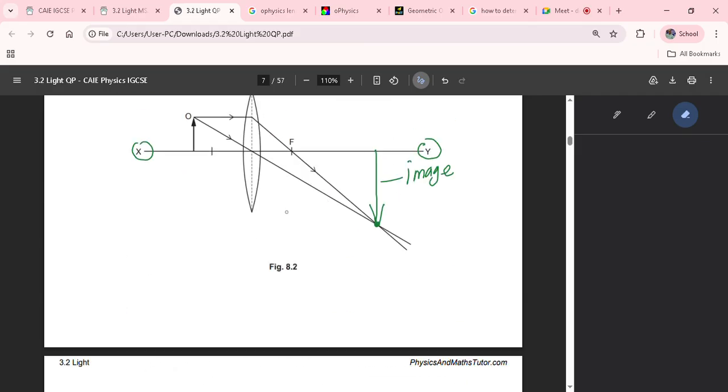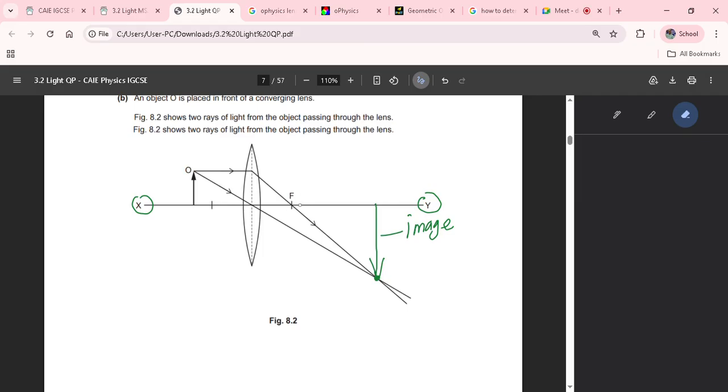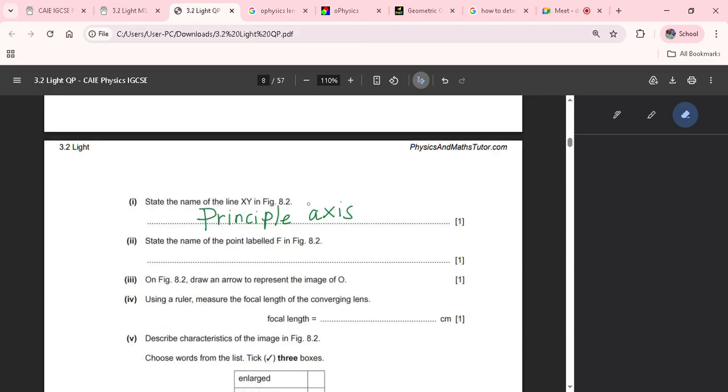The name of the point F. F is called focus, right?